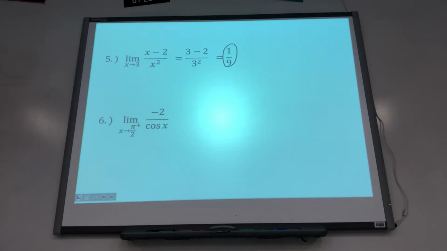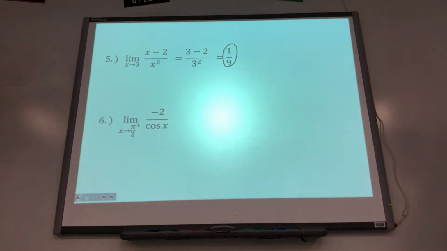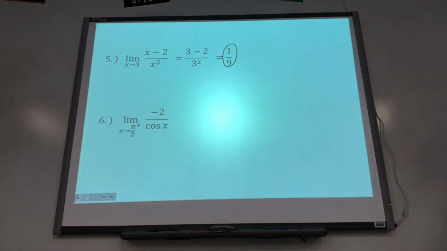Hello, trig function. It says the limit as x approaches pi over 2 from the right of negative 2 over cosine of x. Okay, well, I'm going to grab handy dandy here.